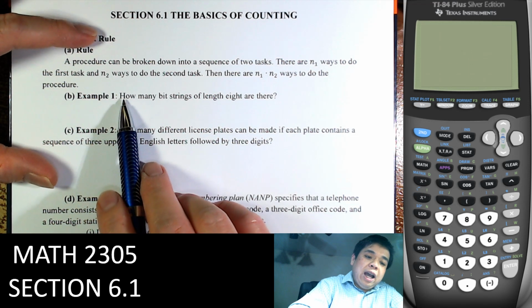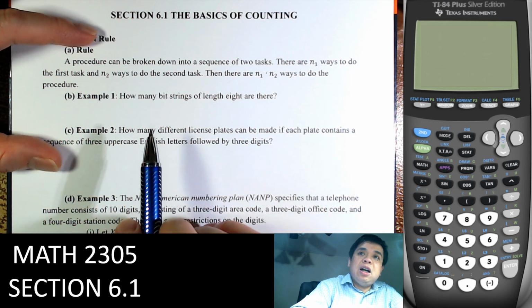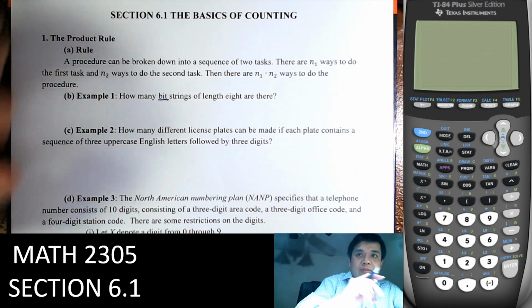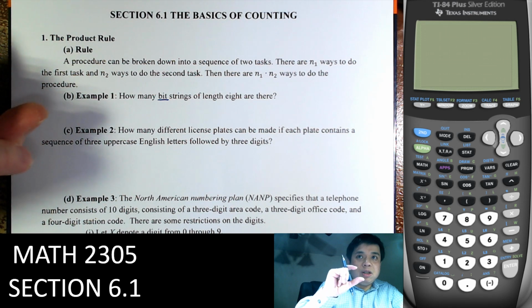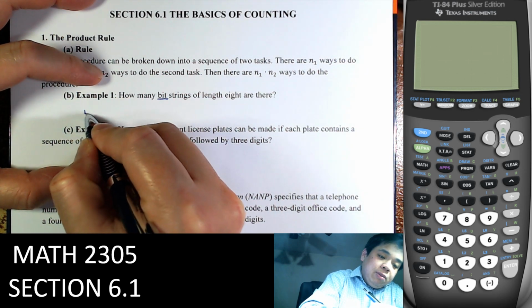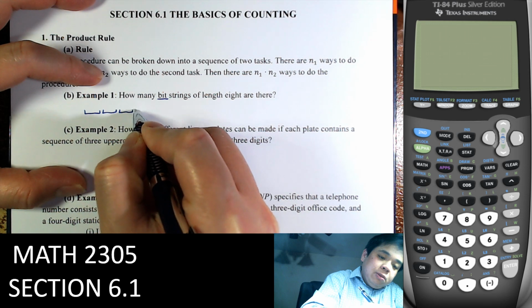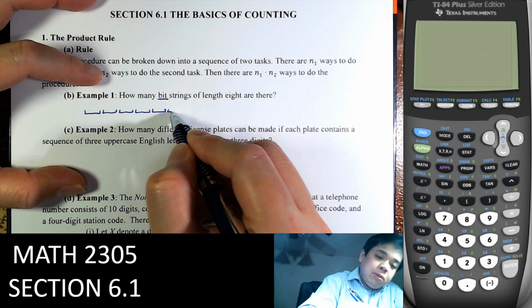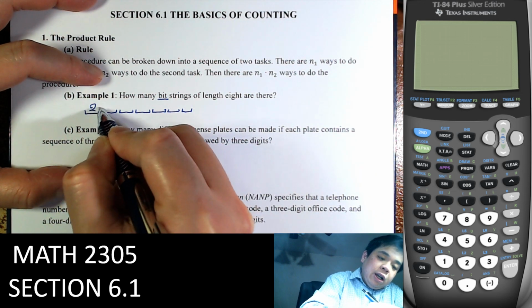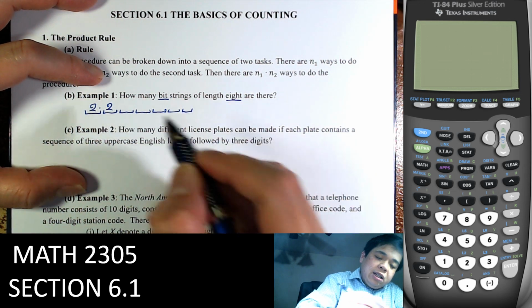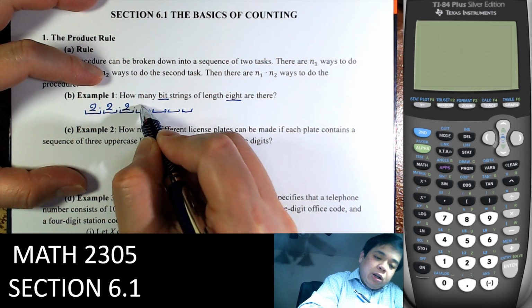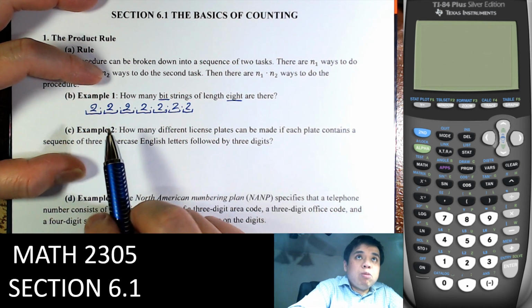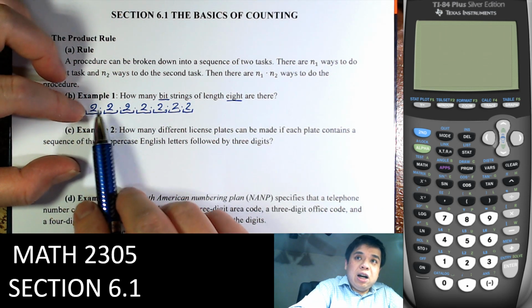The question is, how many bit strings of length 8 are there? A bit has the value of either 0 or 1, and we have 8 of them. So each bit can take the values 0 or 1, so there are two ways to select each bit.